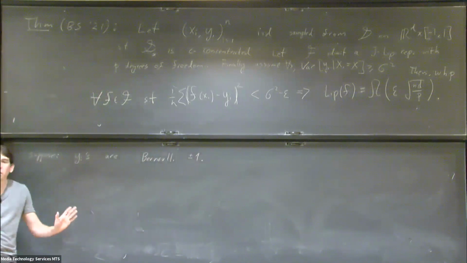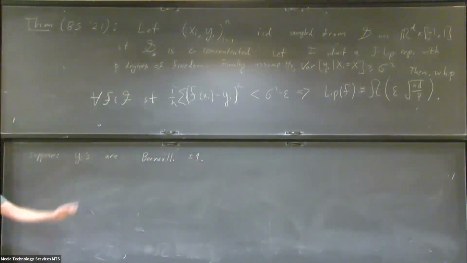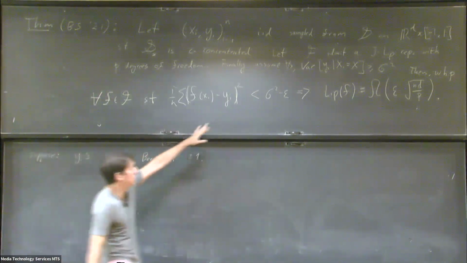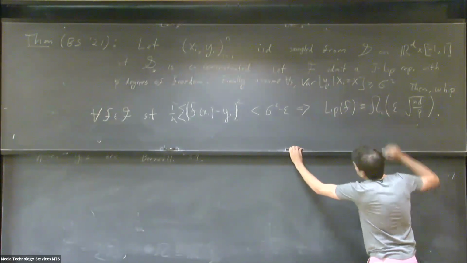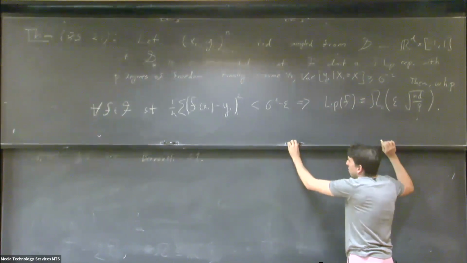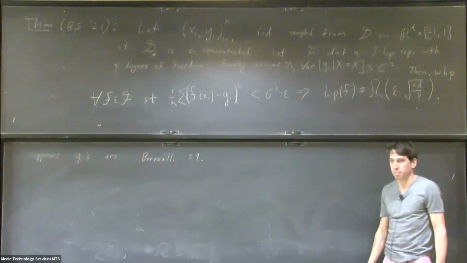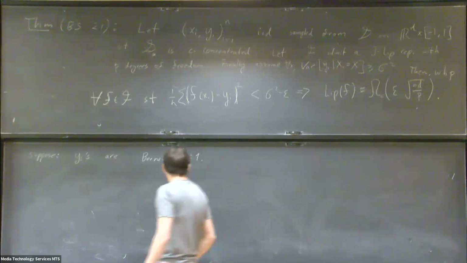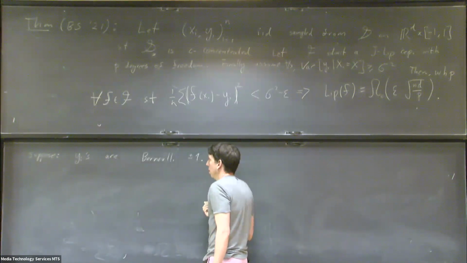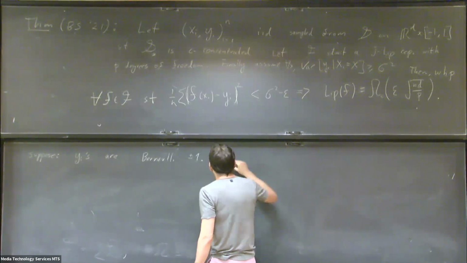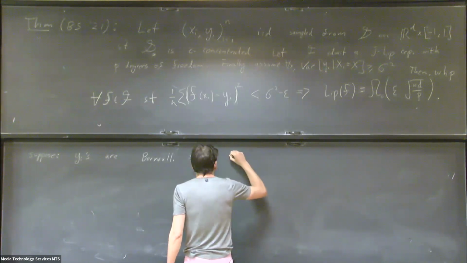Okay, so I only have noise. In general, I have to have a noise which has some dependence on sigma, but think of sigma as being order 1. Then let's see how to prove this.